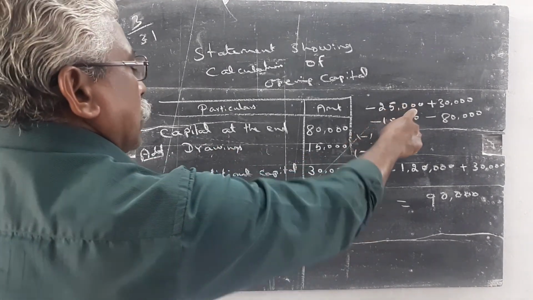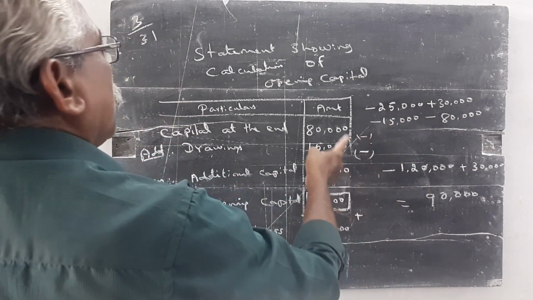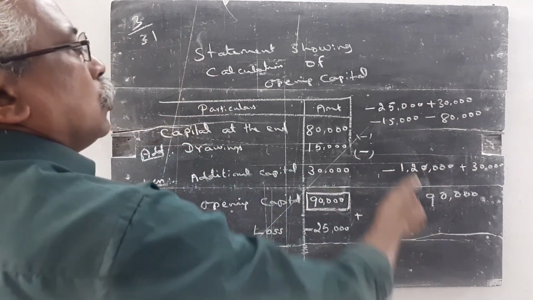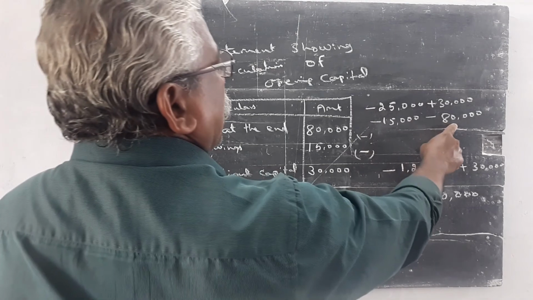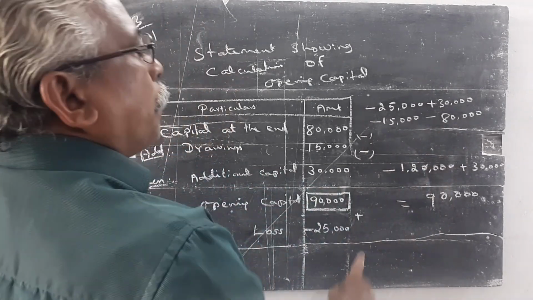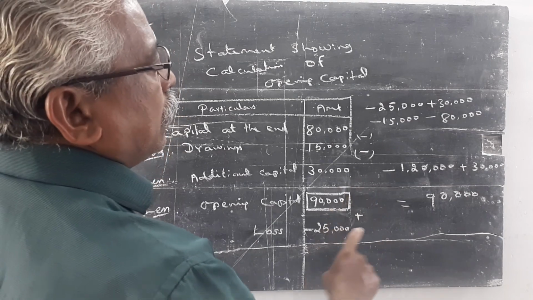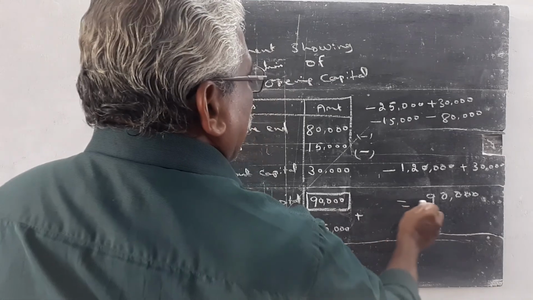Minus 25,000 plus 30,000 minus 15,000 minus 80,000. We have to add all the minus figures first. 25,000 plus 15,000 is equal to 40,000. 40,000 plus 80,000 is equal to 1,20,000. Minus 1,20,000 plus 30,000, we get minus 90,000. So minus 90,000.